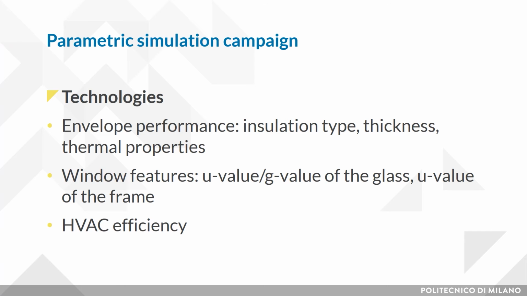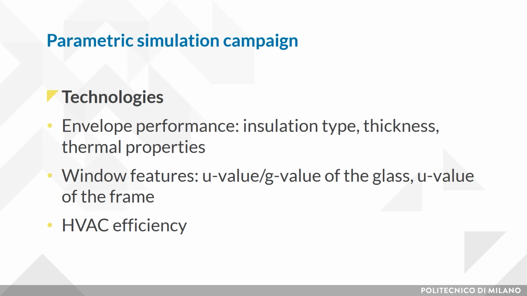There are two big families of inputs that can be adopted as variables, also according to the objective of the parametric simulation campaign. On the one hand, we can have the technology features and the technology performances of the different solution sets to be installed. As an example, we can consider different envelope performances, such as insulation type, thickness and thermal properties in general.